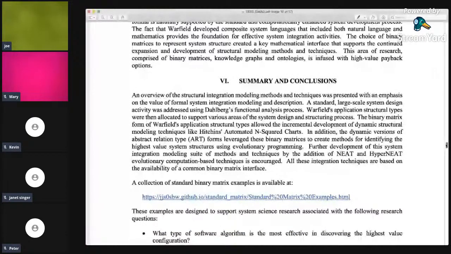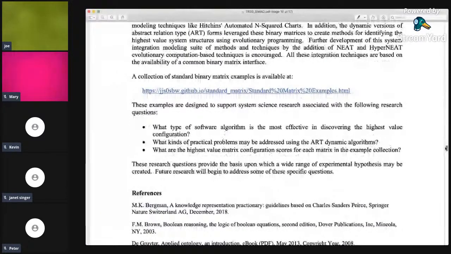I have gone back and I've started working on the binary matrix examples. One of the things that I found when I was doing the original work to validate things that have been published was very tedious. There were lots of mistakes in the transfer of the information. So what I did was I developed a set of standard matrices that people can use if they want to test and compare their different methods.